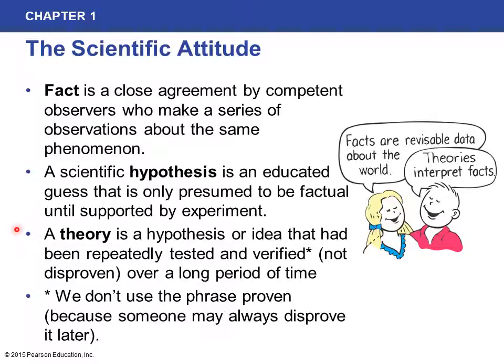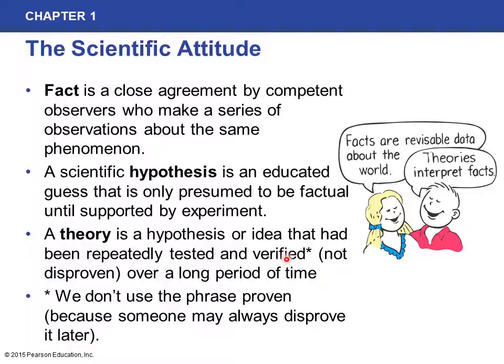A theory is a hypothesis or idea that has been repeatedly tested and verified over a long period of time. And a theory tries to interpret different facts that we have. And the reason why we say that a theory has been verified and not proven is we don't use the phrase proven because someone could always disprove it later.